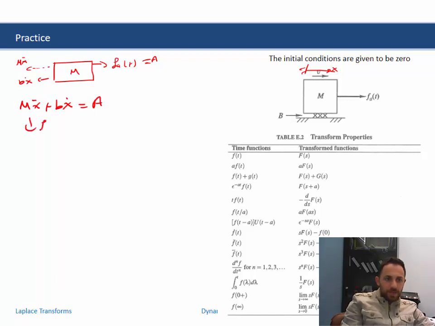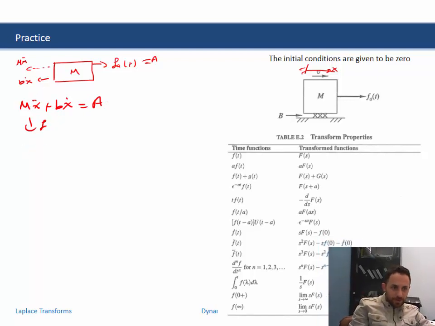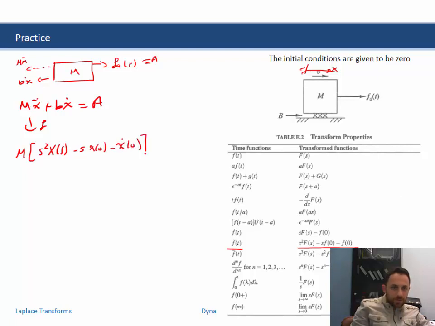We perform the Laplace. Okay, of x double dot, it is given by s squared F(s) minus s f(0), the initial condition, minus f dot of 0. Now the initial conditions are set to 0.